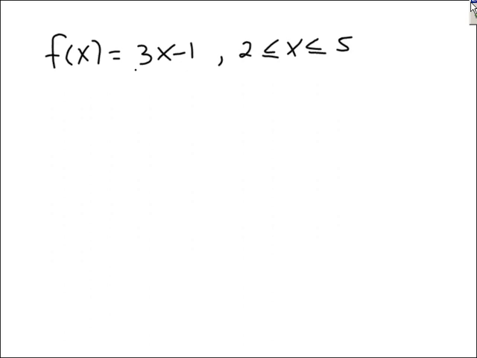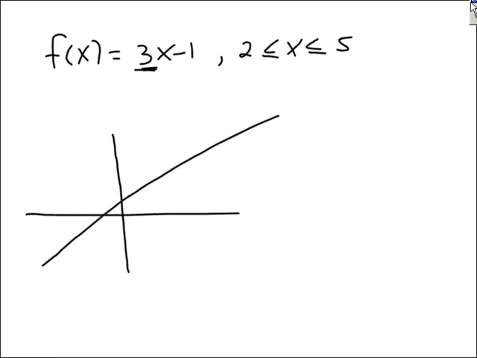Now, since the slope is not 0, even if you don't know how a positive slope looks or a negative slope looks, you have some kind of a line, and it goes from 2 to 5. That is, you're only keeping this portion of the line.